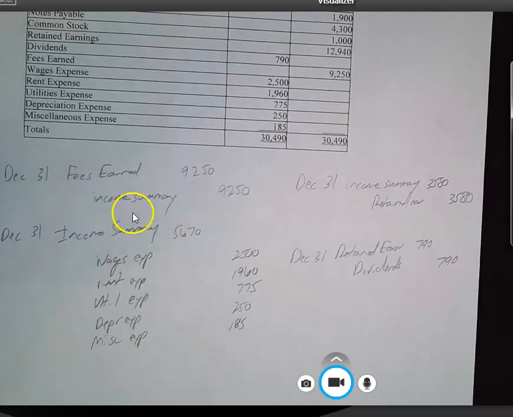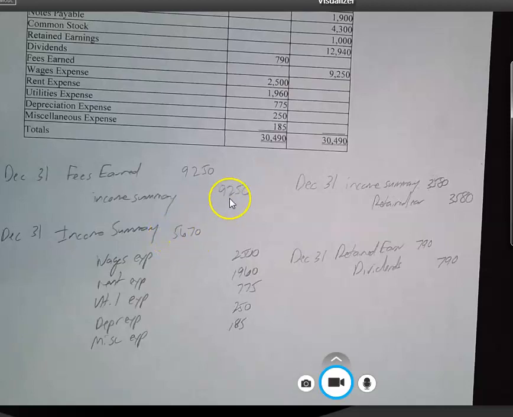So the first part, just to review, is we are going to debit fees earned to get them to 0, and we're going to credit income summary. Then we're going to credit all of the individual expense accounts. Okay, we can't do it all as one number because we have to get all of these individual expense accounts to 0. And then we're going to debit income summary.